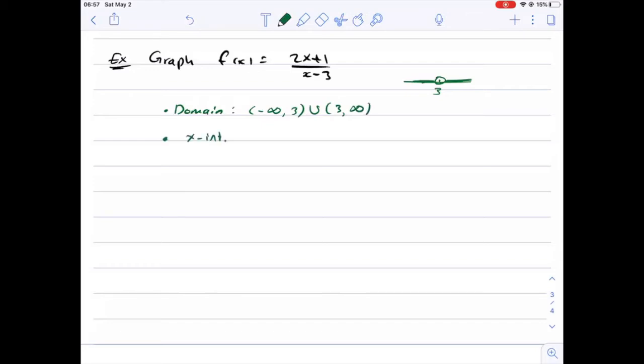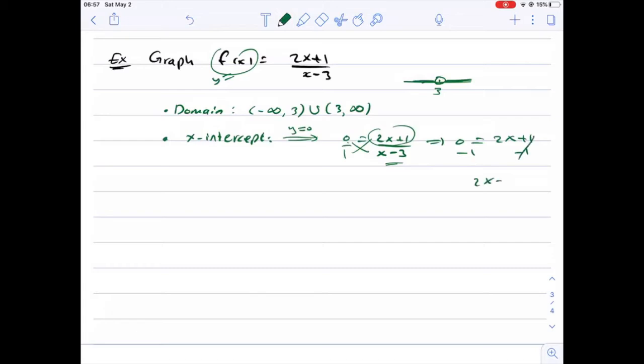And then we find the x-intercept. To find it, we set y equals 0, but y is f of x. So this is 0 equals (2x plus 1) over (x minus 3), and then we cross multiply. We get 0 times (x minus 3) is 0, (2x plus 1) times 1 is 2x plus 1, and then we solve for x. We get x equals negative 1/2.